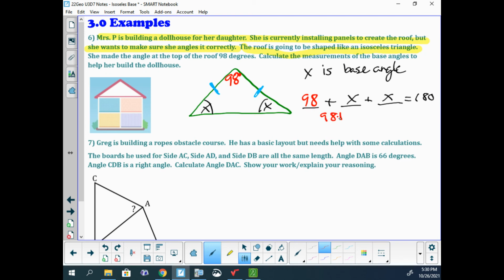So we've got 98 plus 2X equals 180. We'll subtract our 98 from the equation. My calculator turned off. 180 minus 98 is 82.